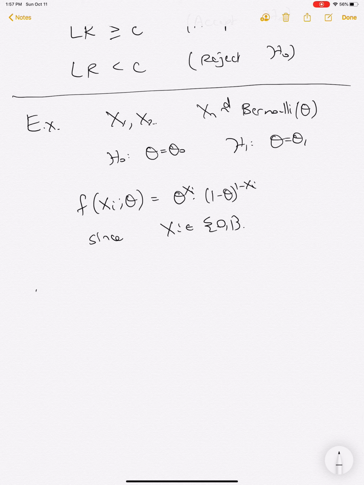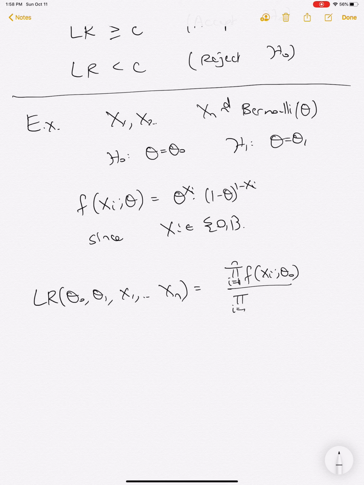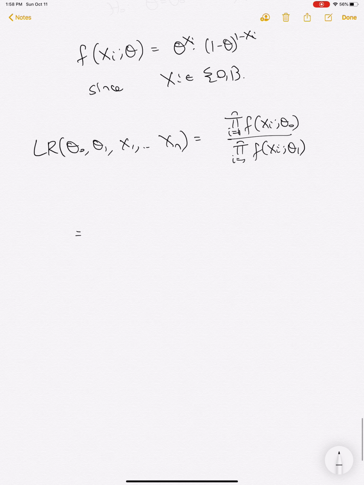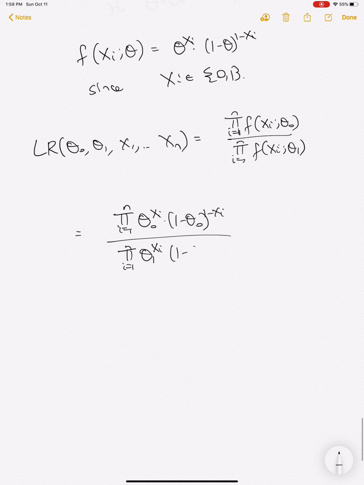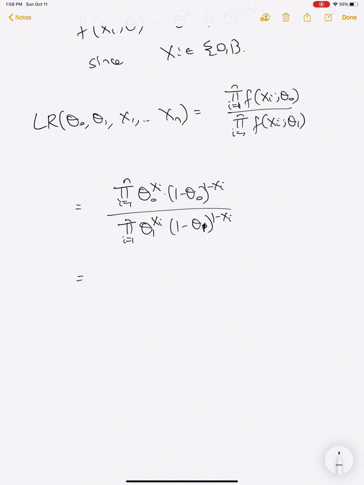Okay, and so if we look at the likelihood ratio of theta 0, theta 1, once again we get a lot of very convenient things happening here.